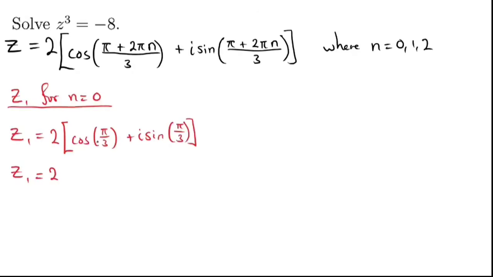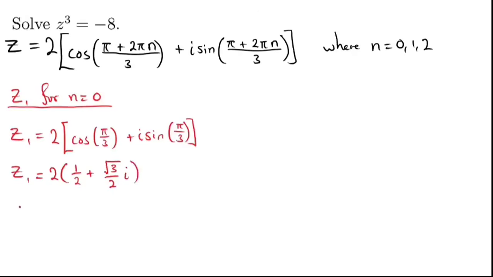Now cos pi over 3, remember pi over 3 is 60 degrees. So cos 60 degrees is simply half, and sine 60 degrees is root 3 over 2. Now there's an I here.